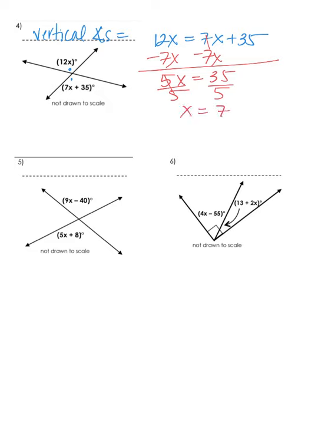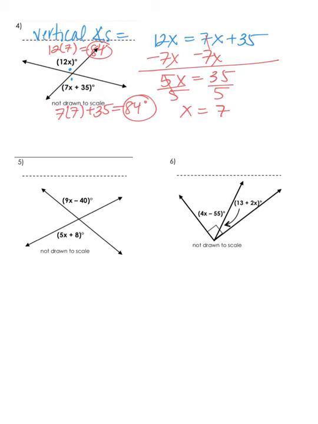So let's plug this in. 12 times 7 is 84 degrees, and 7 times 7 plus 35. 7 times 7 is 49 plus 35. And it gives me 84 degrees, and they match.